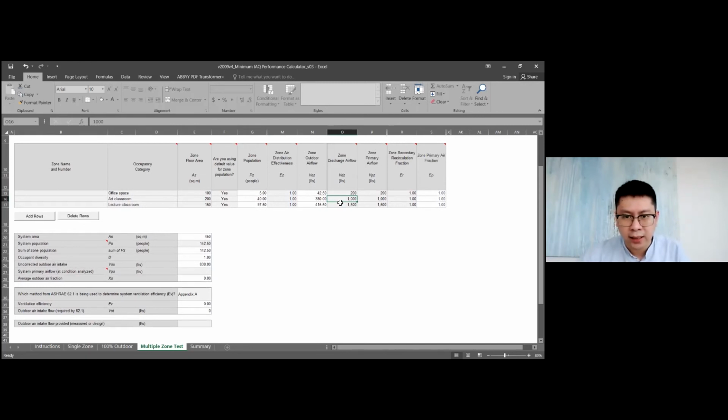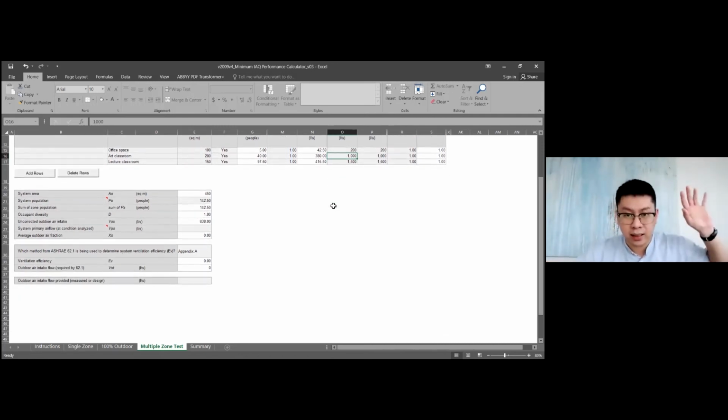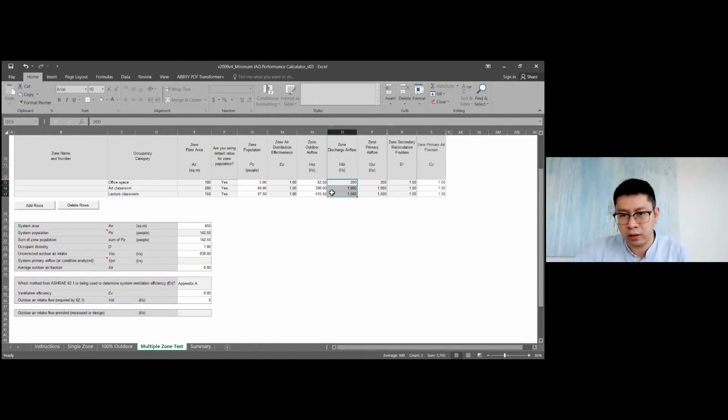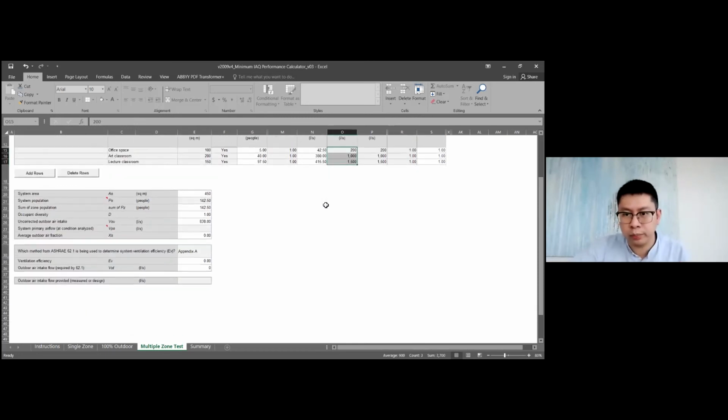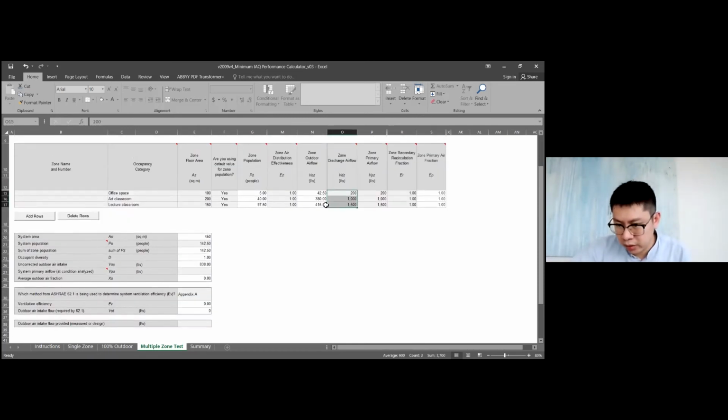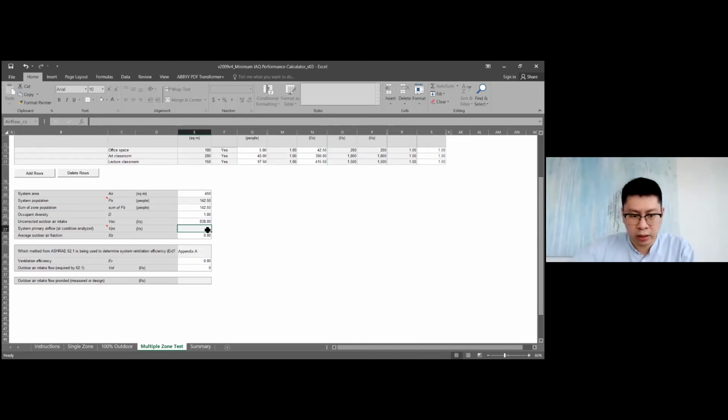For example, art classroom, this might be the maximum 1000 into that room in a VAV system. But in the total supply air, I can design lower. Again, just to simplify, let's assume we don't have a VAV system, or a CAV system, it is the sum of all this supply air into all these zones, which in this case is 2700. So we can actually just input 2700.